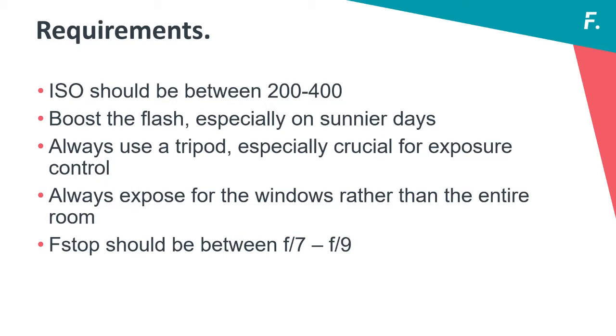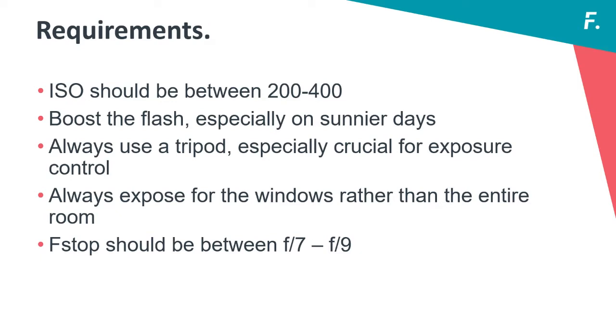The camera will not understand what you're asking it to do if it's getting a lot of light from the windows, and it's not going to want to make the rest of the room look darker. So it will automatically overexpose the windows and expose everything else properly.